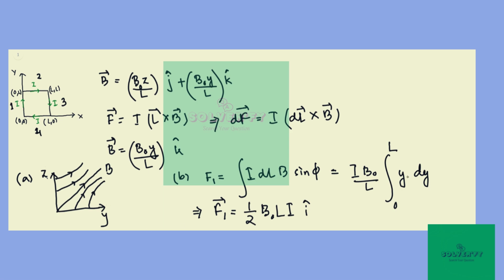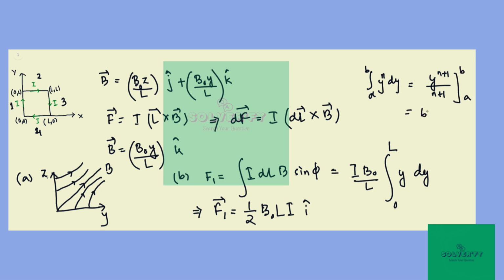And for those who don't know what this integration is, I'm just going to write it over here. So let's call this y to the power n, where n is some integer other than -1. So if this goes from a to b, the integration of this is basically y to the power n plus 1 over n plus 1, and you apply the limits from a to b.